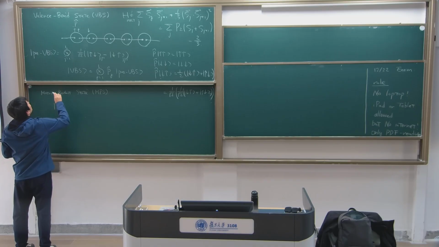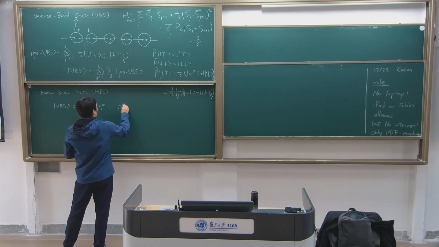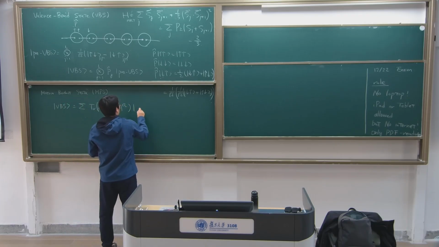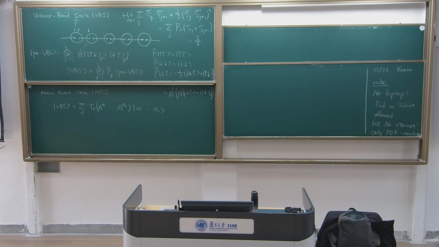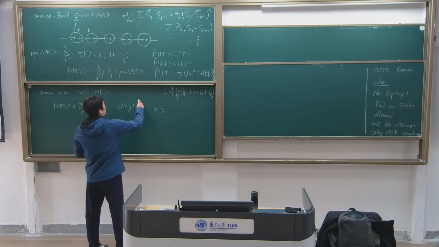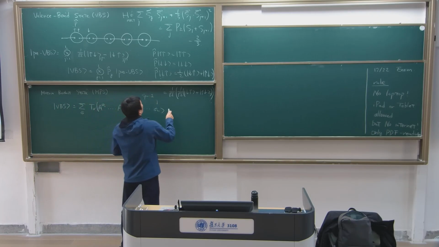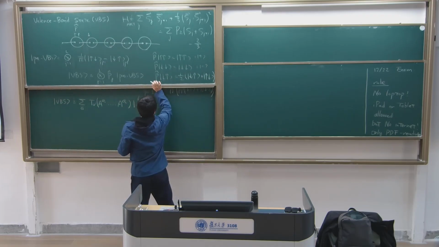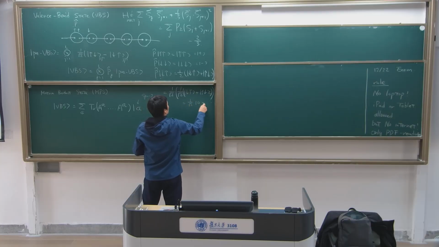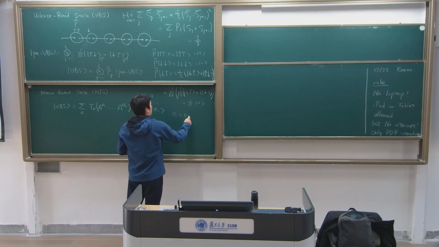The state is the trace of A sigma 1 through A sigma N. The rule I also explained last time: here everything is spin 1, so sigma corresponds to plus, minus, and zero. So sigma i is plus, minus, or 0.